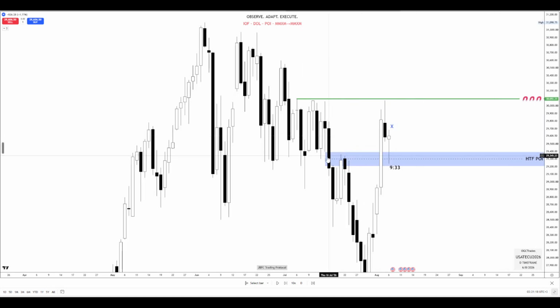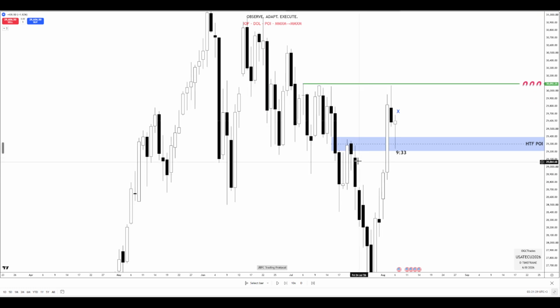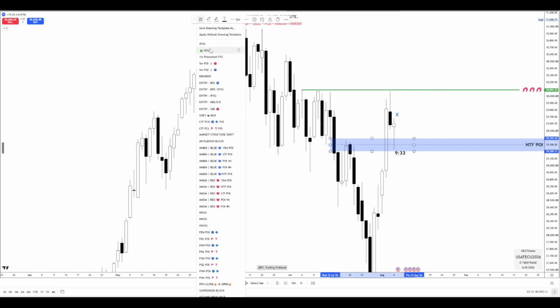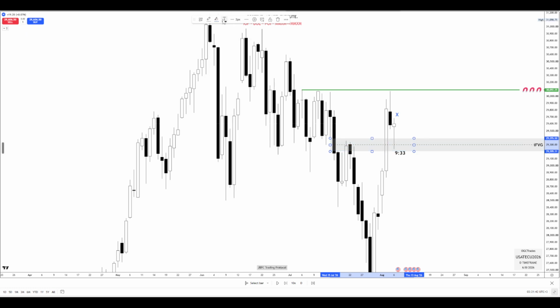So on the daily, we had this imbalance, this CB that was used as a resistance to reprice price lower. So once price displaces above, it should be used as support for price to go up. So that would be our inversion, and it would be a bullish inversion.